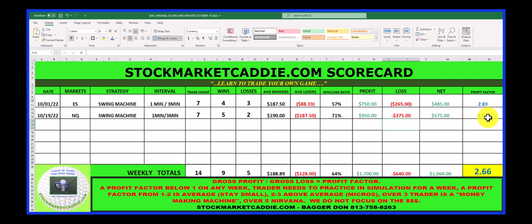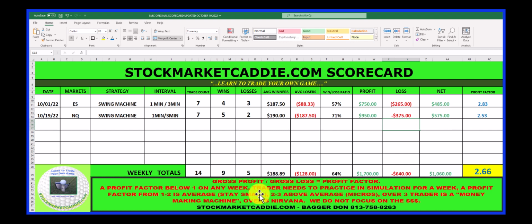If you have a profit factor of 1 to 2, you are making money, but you are working hard. What it means is, if you are flipping coins, you'd have a profit factor of 0.9 to 1.1, basically 1. If you have an edge and you get to 2, it means you're making $2 for every dollar you lost. $3 for every dollar you've lost.